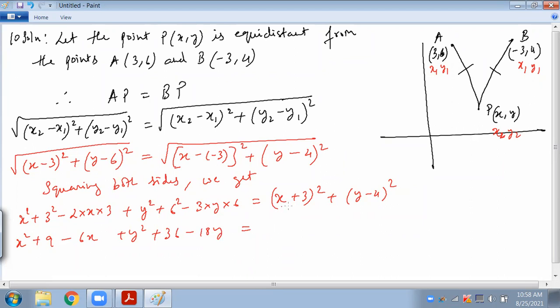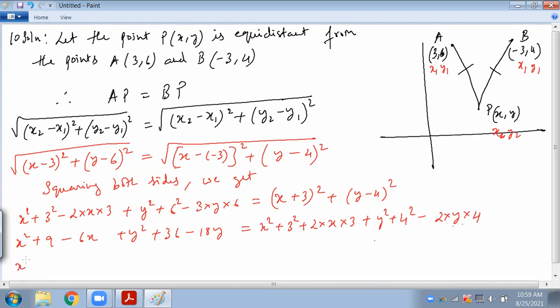Again, (x plus 3) whole square is what? x square plus... (x plus 3) whole square is just like (a plus b) whole square, so a square plus b square plus 2ab. Again, (y minus 4) whole square is just like (a minus b) whole square, so a square plus b square minus 2ab.